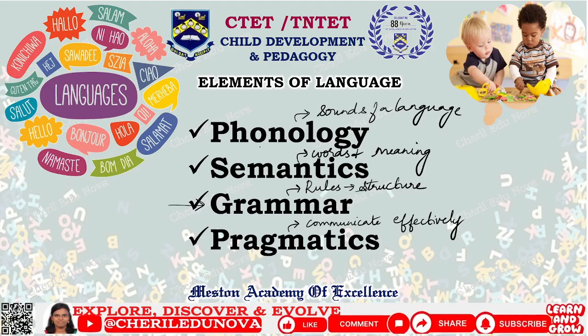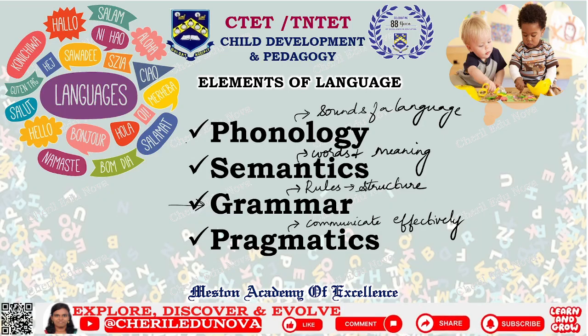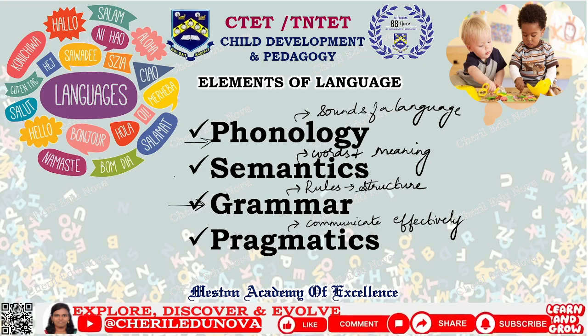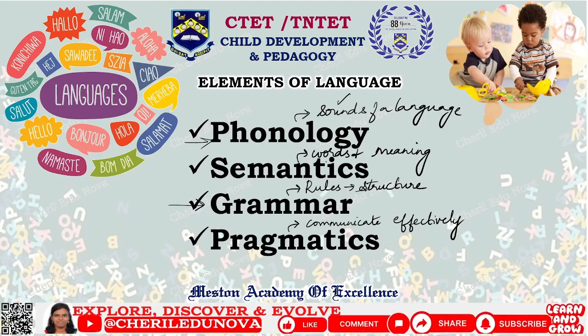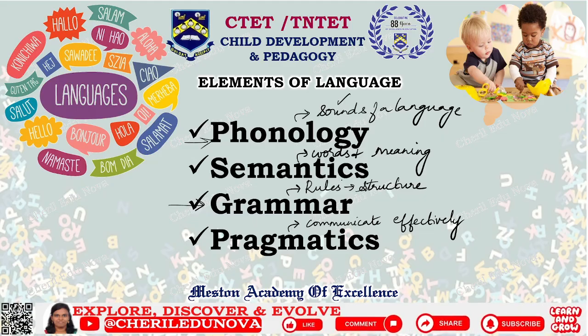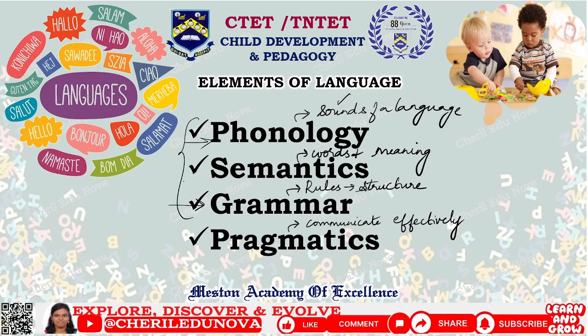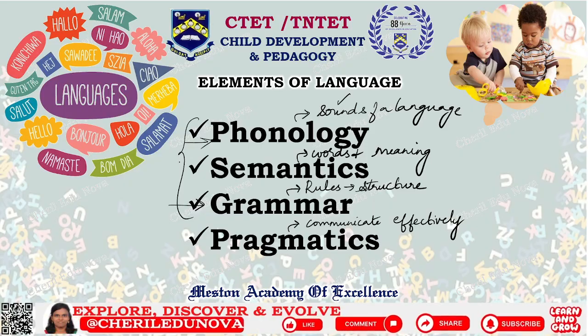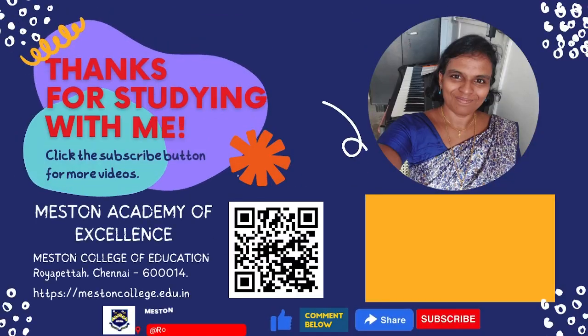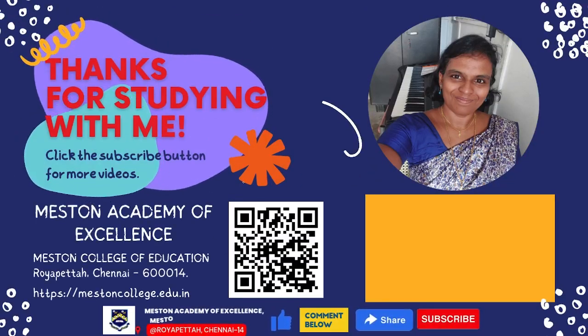The very first thing a child learns immediately after being born is through sounds, and then as it grows it understands words and meaning, then it learns the rules. Once all three are satisfied, the child will be able to communicate effectively. With this we are completing the characteristics and the elements of language.